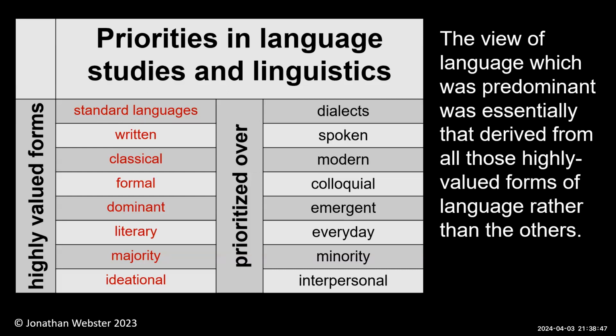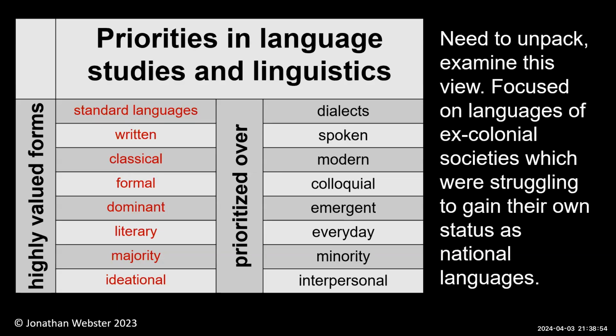And today, what is mainstream linguistics largely focusing on? It largely focuses on what is the standard variety, what is grammatical, what is formal, what's the dominant, what's the majority.